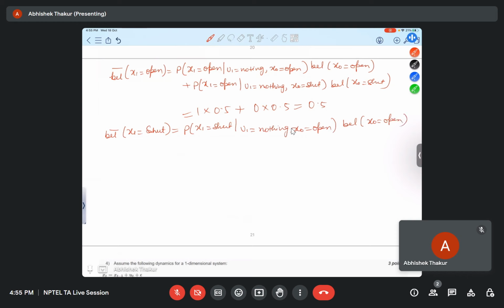Either x0 will be open or it will be shut. Plus probability of x1 is equal to shut such that u1 is equal to nothing, x0 is equal to shut, and belief of x0 is equal to shut. So the first case will be zero probability, because if initially it is open and if you do nothing, then it will be open only. So 0 into 0.5 plus, if initially it is shut and you do nothing, then it will be shut only. So this will be 1 into 0.5. So this value is 0.5.